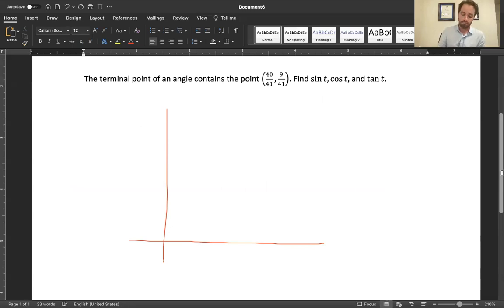Well, honestly, this is a little weird. What I'm going to do is multiply this by 41 and get that it's along the same line as 40, comma 9. So 40 and 9, like right there.